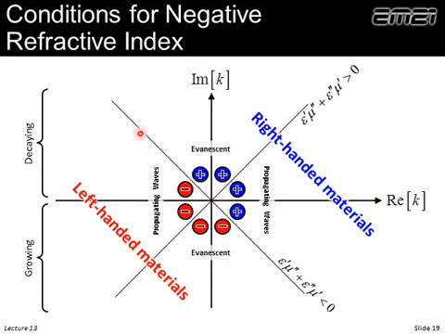This line separates right- and left-handed materials, and you'll notice it relates the real and imaginary parts of mu and epsilon, the permeability and permittivity. We define this line slashing this region in half, and to the lower left we have left-handed, on the upper right we have right-handed.